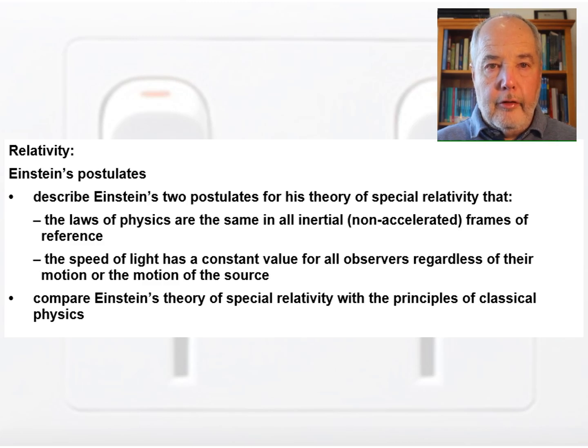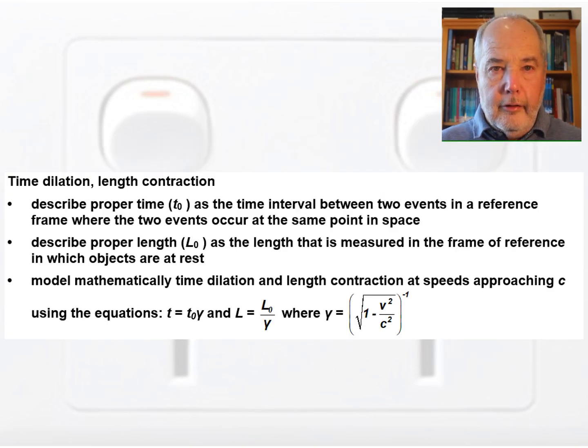The first one is Einstein's two postulates and the consistency of the speed of light. The second section covers the ideas of time dilation and length contraction and the use of the Lorentz factor.